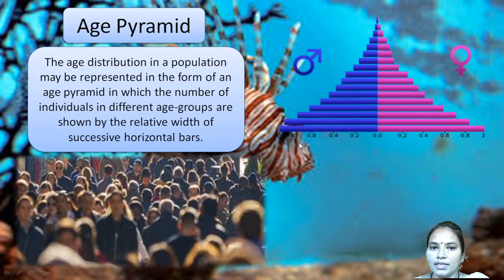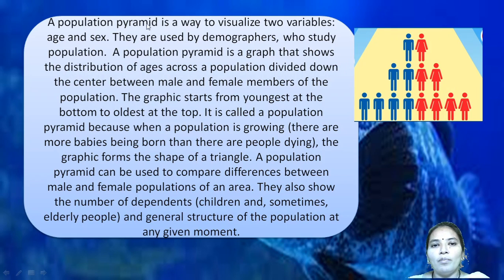So over here we can see that the age pyramid is represented by successive horizontal bars, and here the blue bars are the indicator of the male population, whereas the pink bars are the indicator of the female population. A population pyramid is a way to visualize two variables, the age and the sex of the population. They are used by demographers who study populations.